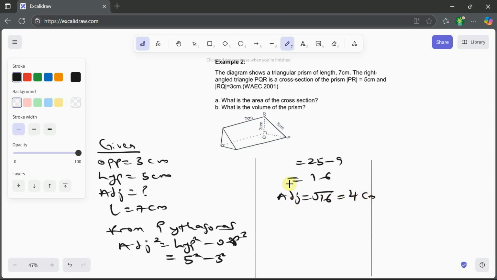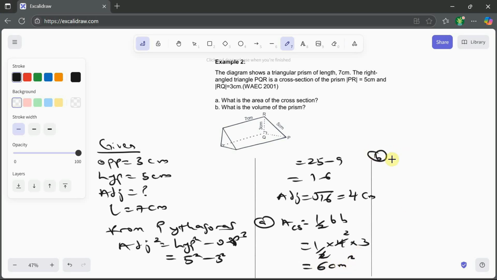So this adjacent is our base. To answer question A, the area of the cross section would just be half base times height. Our base is the adjacent, which is 4, and our height is the opposite, which is 3. So this is 6 centimeter squared.